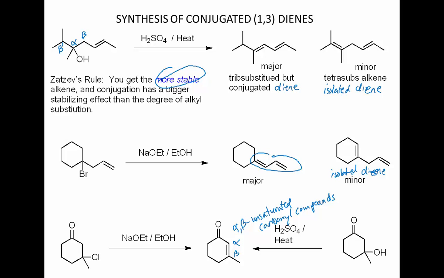Both the dehydrohalogenation and the dehydration reaction form this one, and not this one, because this is not a conjugated system, right? There's an sp3 carbon there between them. The degree of alkyl substitution is the same in both, but it prefers to form the conjugated one.